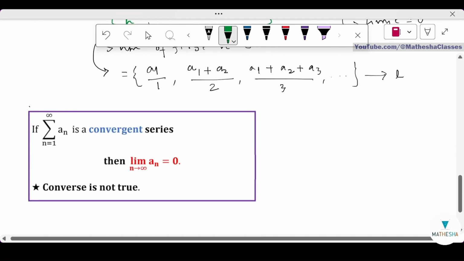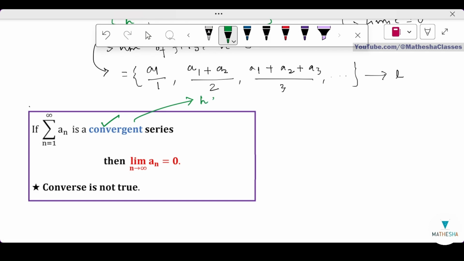It says that if you have a convergent series, means a series having a sum, जिसका sum exist करता है, having finite sum, जैसे summation 1 upon 2^n, n running from 1 to infinity. ये इनफाइनाइट सीरीज का सम फाइनाइट है.